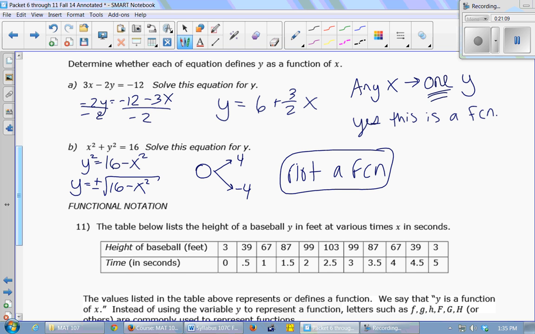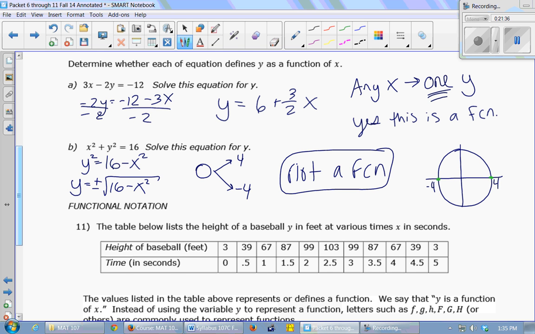Is this actually the sideways function? No, the graph of x squared plus y squared equals 16 is actually a circle with radius 4. So there are actually two values that if I plug in, I get only one y: 4 and -4.